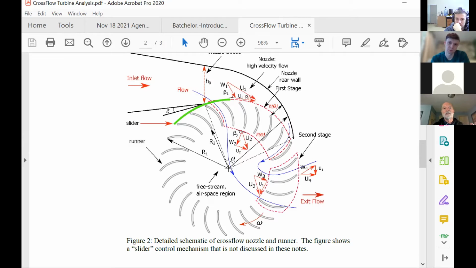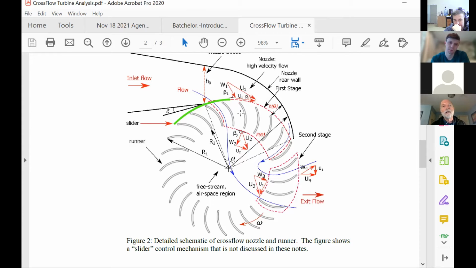That the first stage of the energy extraction process from these turbines is to take the head, which is by and large the potential energy from the top of the water in, say, a dam and the turbine itself, convert that into kinetic energy in the nozzle, and then the job of the blades is to extract that energy and turn it into power.